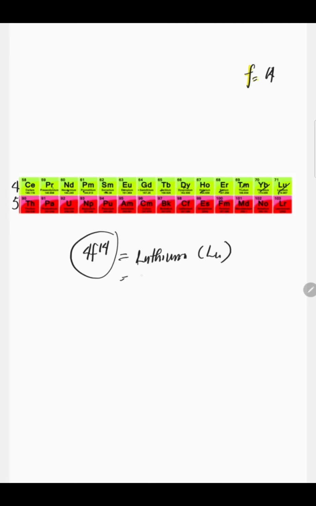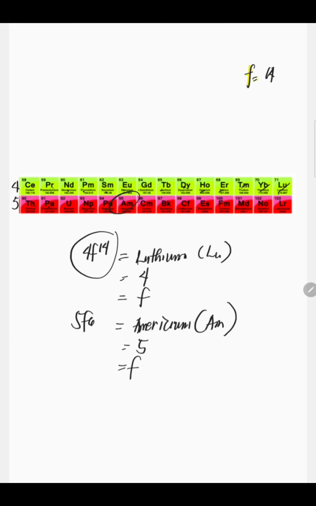The principal level is 4. The sub-level is F. Okay? What about 5F6? Okay, 5F6: 1, 2, 3, 4, 5, 6. 5F6 is americium. And for americium, the principal level is 5.